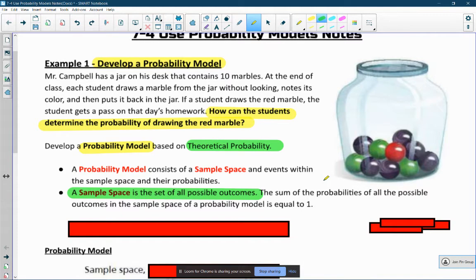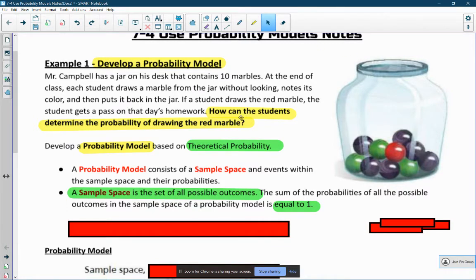So what are the probabilities of each one of those things? Now what we need to remember is the sum of all these different probabilities of all the possible outcomes in the sample space must be equal to 1, right? There's a 100% chance of drawing a marble. So all of these different probabilities, all those percents must add up to be 1.